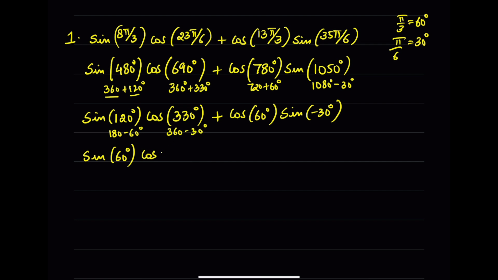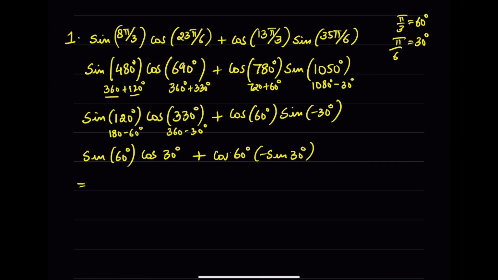So that would change to cos 30 because in the fourth quadrant, cos and secant are positive, plus cos of 60 degrees times minus sine 30, because sine of minus x is minus sine x.